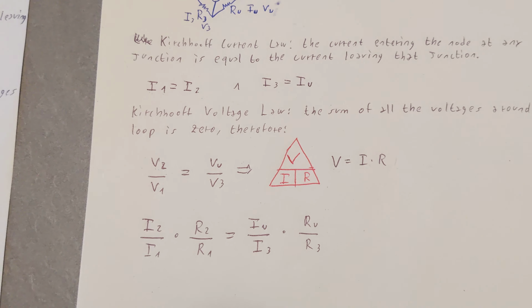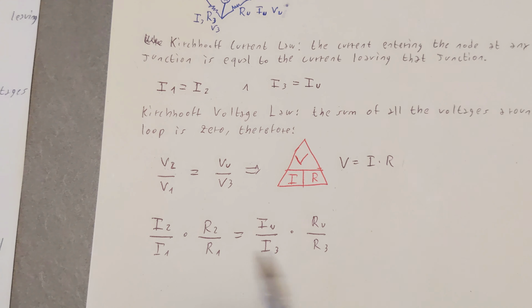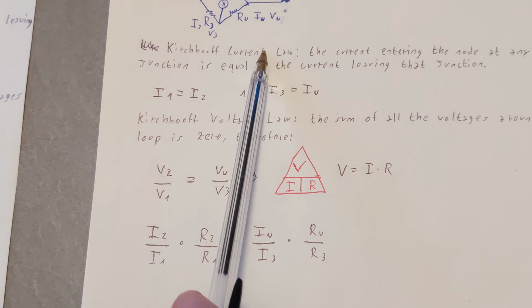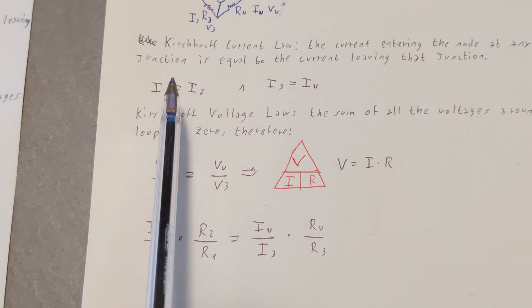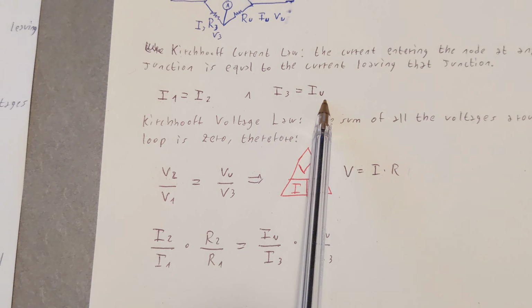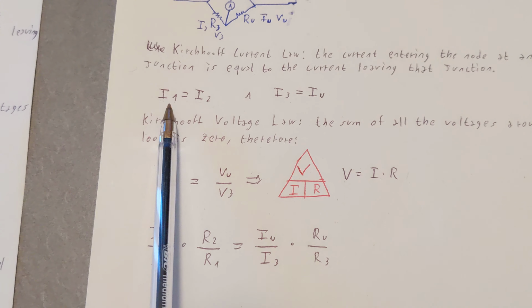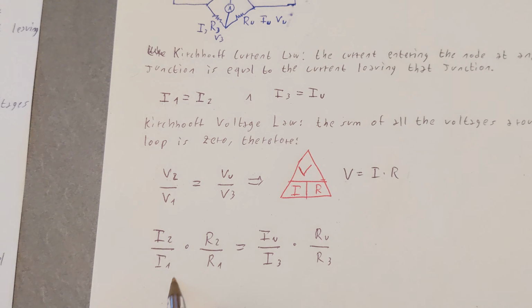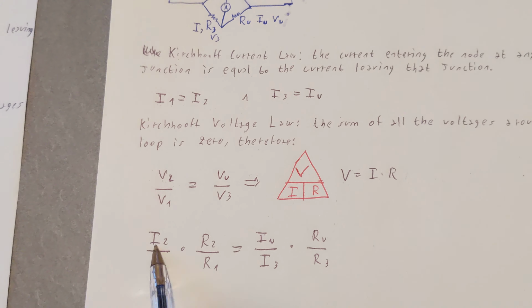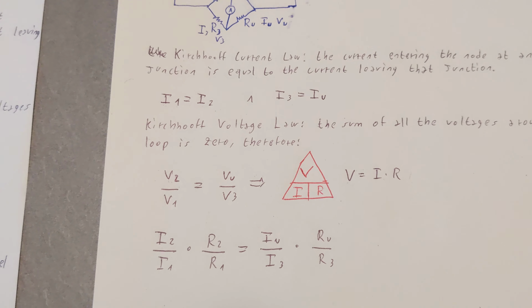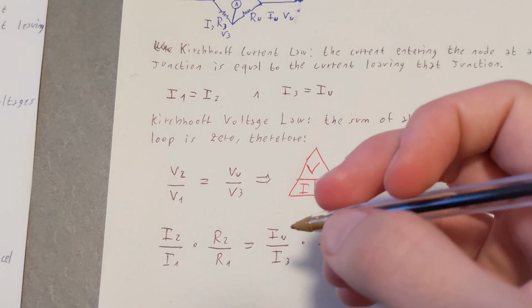How do we get rid of those currents? Well, from the Kirchhoff current law, so basically from the first law, we already know that I1 is equal to I2 and I3 is equal to IU. So basically we have the very same value divided by itself. So this one is just 1 and this one is just 1. We can easily simplify them.